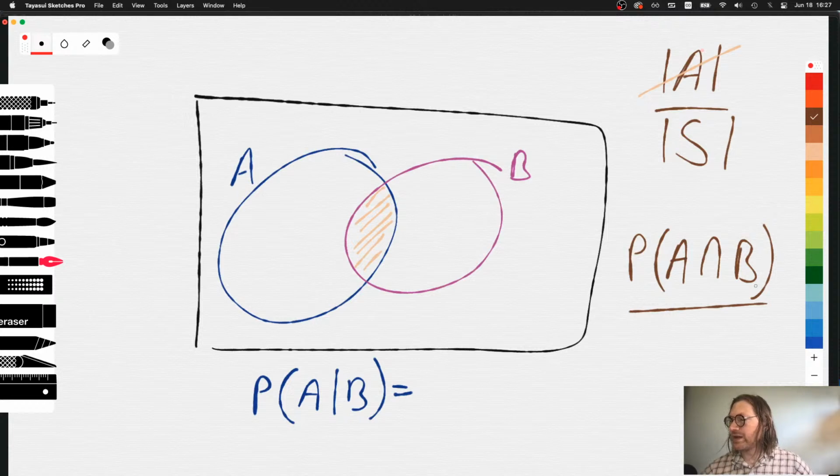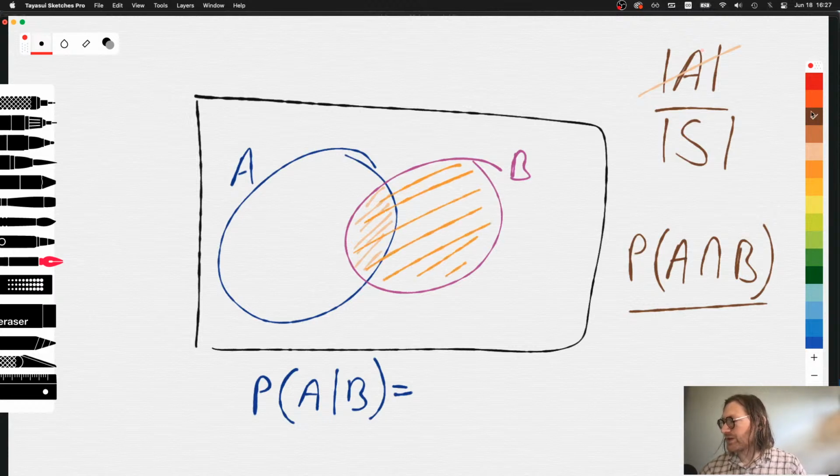But we need to have some normalizing agent, something against which we are comparing the probability of this, and that is event B in its totality, right? So that's going to be this intersection over all of this, and we can see that pretty clearly if we say the probability of B. I think that's kind of nice.